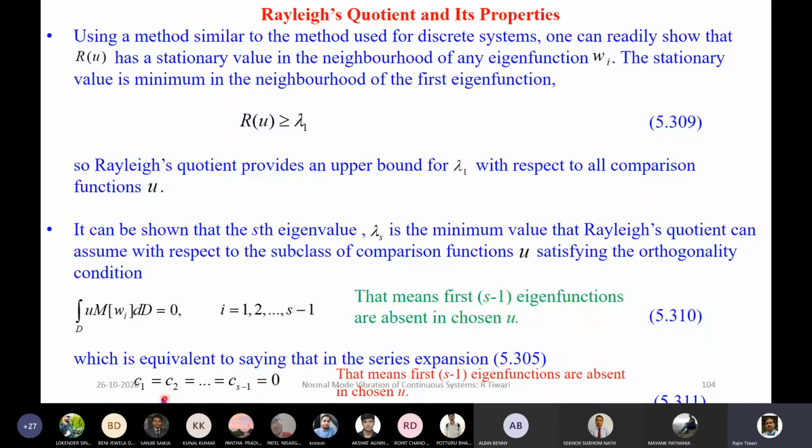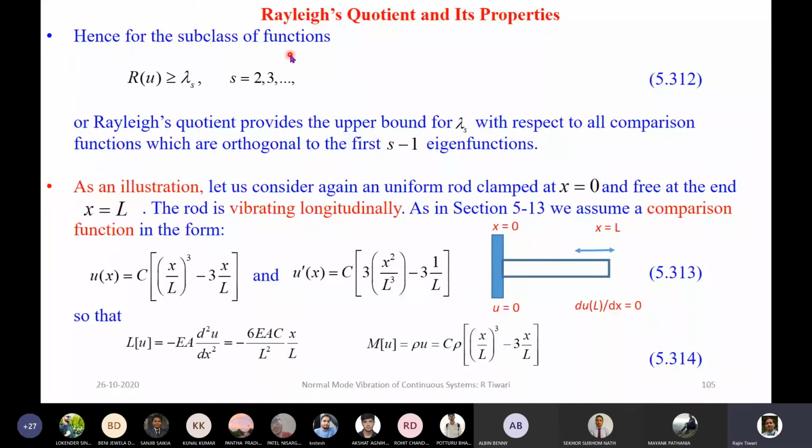I already explained that in the chosen comparison function, we are not choosing the first s-1 terms. Then we see how the Rayleigh's quotient takes the form. In that case, the Rayleigh quotient will predict a ratio that is either equal to the sth eigenvalue or more than that.